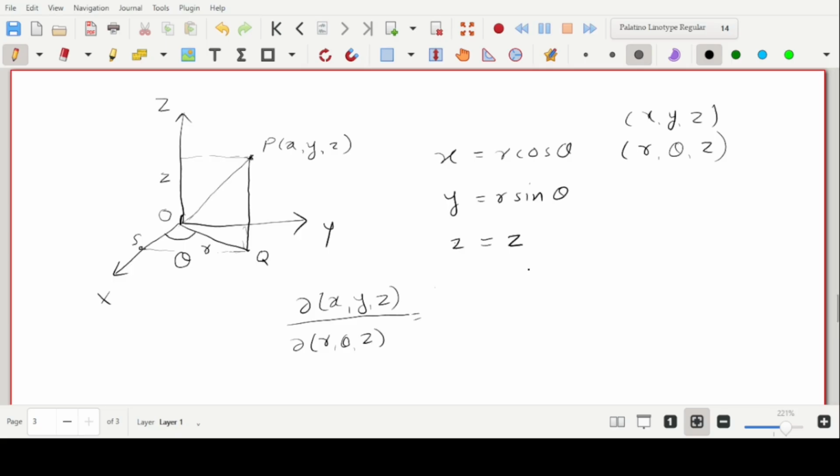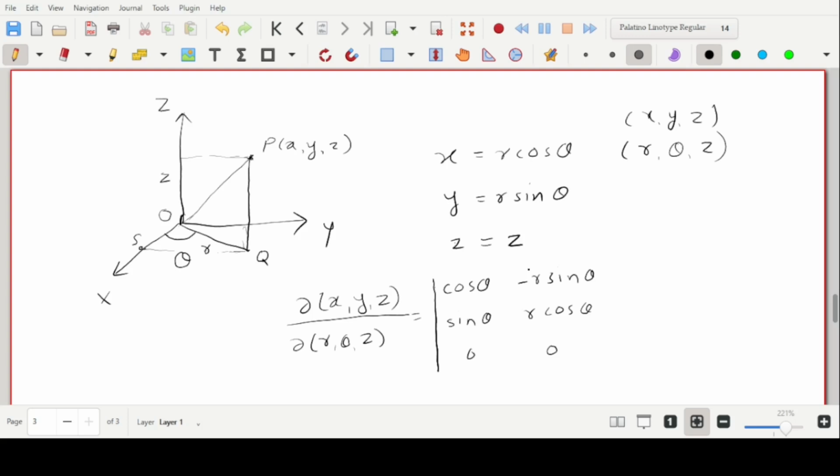This is the determinant of del x over del r, which is cos theta, del y over del r, which is sin theta, and del z over del r, which is 0 because z is not a function of r. Del x over del theta, which is negative r sin theta, del y over del theta, which is r cos theta, and del z over del theta, which is also 0 because again z is not a function of theta.